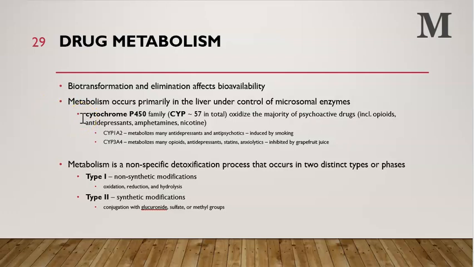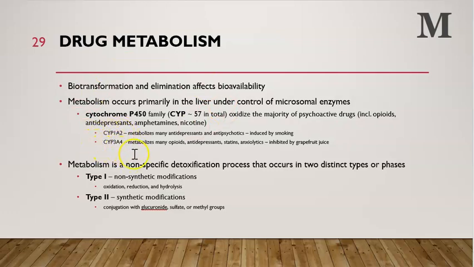These are the cytochrome P450 family, and these are the enzymes that oxidize the majority of psychoactive drugs. So these would be opioids, antidepressants, amphetamines, etc. You can see some examples of these drugs.